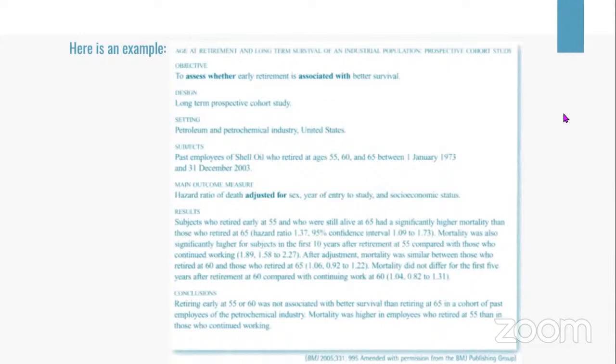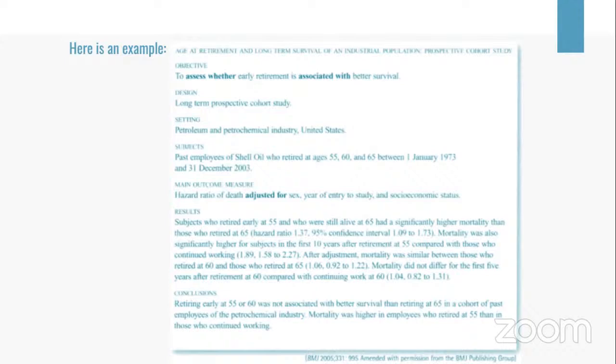Age at retirement and long-term survival of an industrial population: prospective cohort study. Objective: to assess whether early retirement is associated with better survival. Design: long-term prospective cohort study. Setting: petroleum and petrochemical industry, United States.